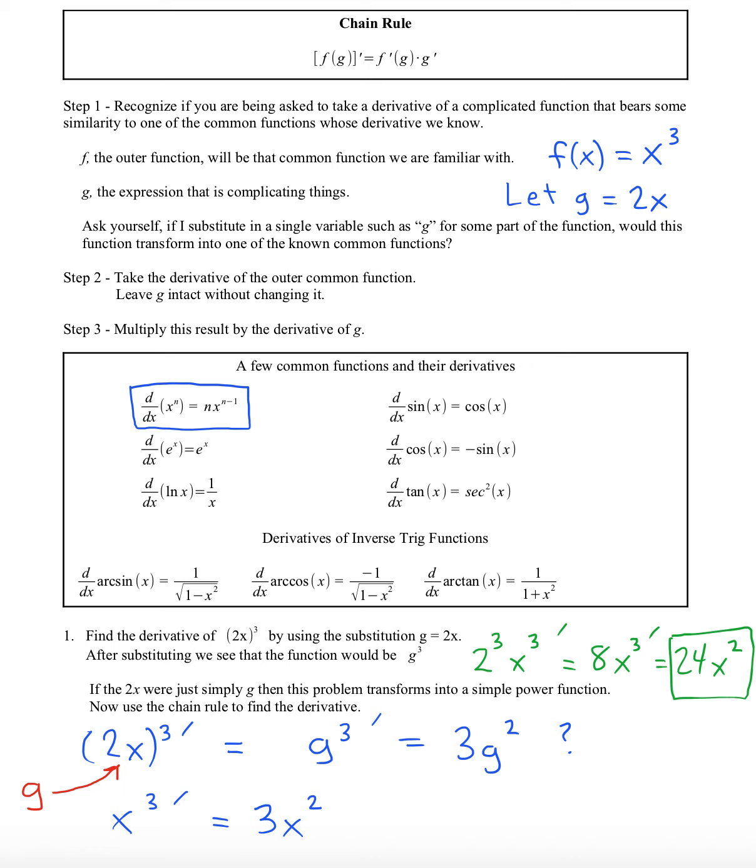And let's see whether it would work or not to replace our expression with 3g squared. We would have to now go back and plug in the 2x for g. But if you do that, you'll see this is going to come out 12x squared. So for some reason, this approach does not work.